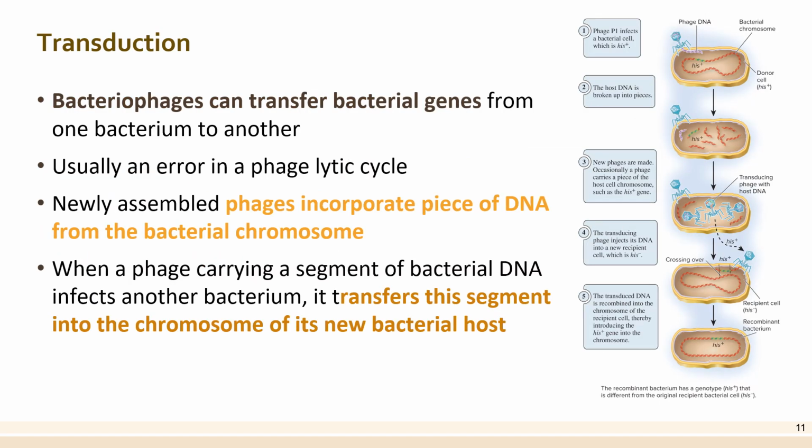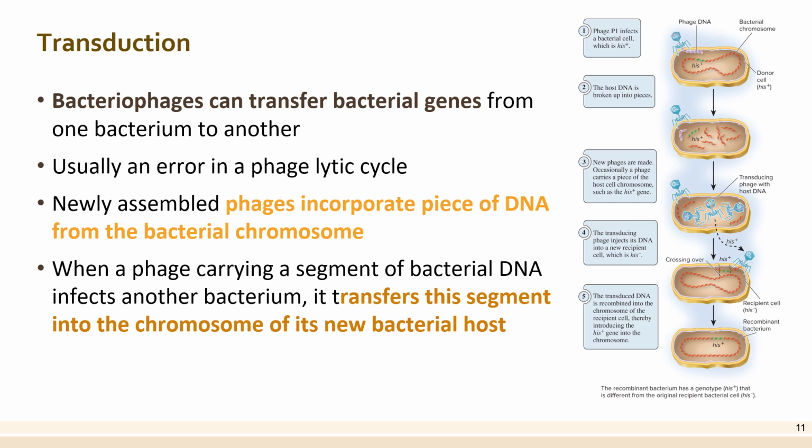Our last type of gene transfer is called transduction. Transduction is relatively rare, and the reason that it's rare is that it requires a virus to move genetic material from one bacterium to another.